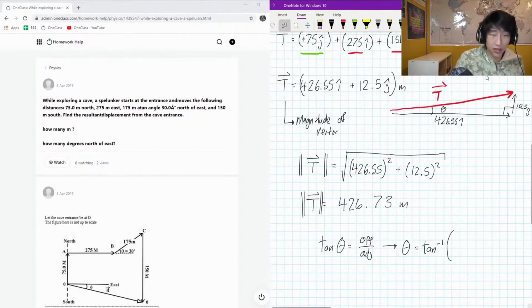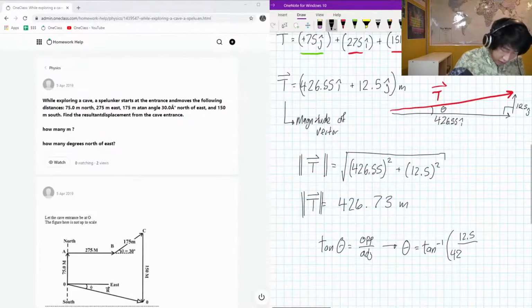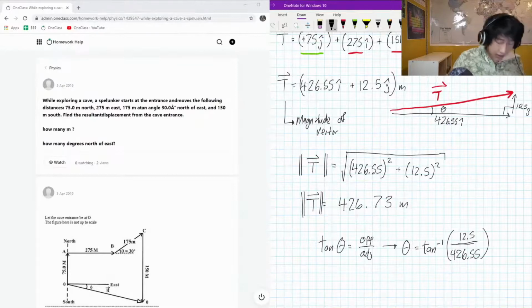The opposite in this case is 12.5, the J component, the vertical or north-south component, divided by the adjacent, 426.55. Send that through the inverse tan, also known as arctan, and let's see what that is.